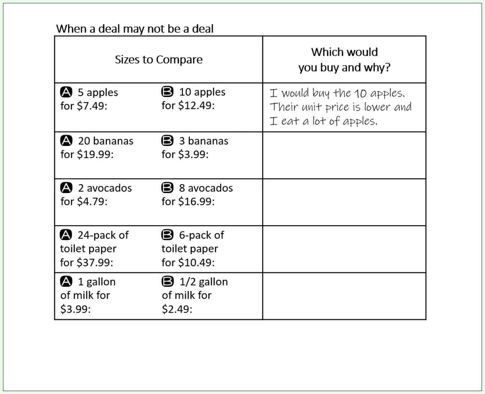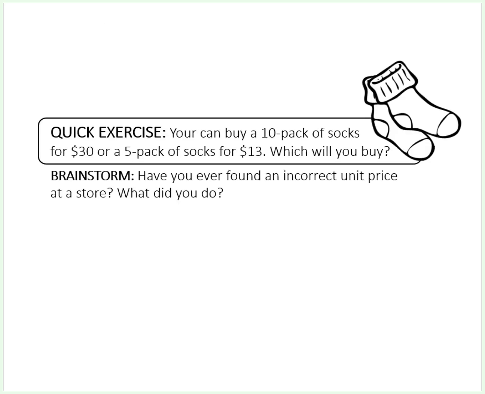The other one is $12.49 divided by 10, $1.24. Now this particular person says I would buy the 10 apples. Their unit price is lower and I eat a lot of apples. If you never ate apples, then it wouldn't be a good deal for you. So work through those, figuring out which one has the better price and which would be a wiser choice for you personally. Another exercise and brainstorm.